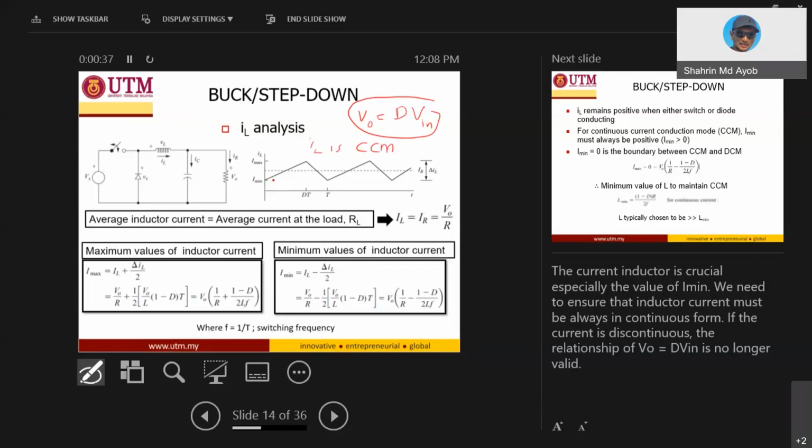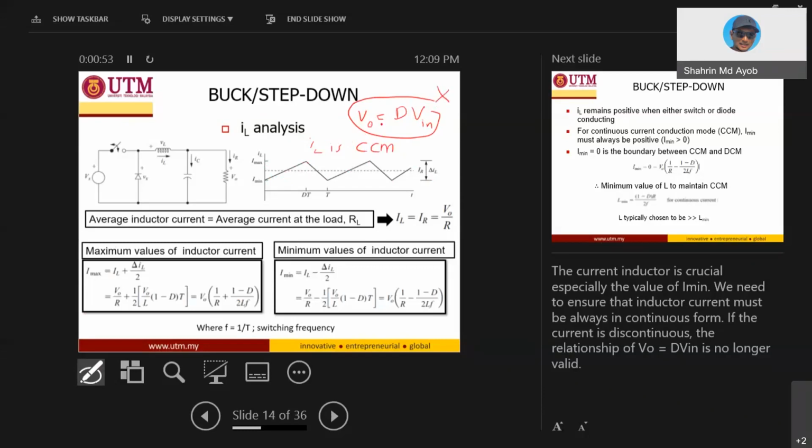As we can see, the current is always continuous. So if the current is not continuous, or in discontinuous mode, DCM, this relationship is not valid.